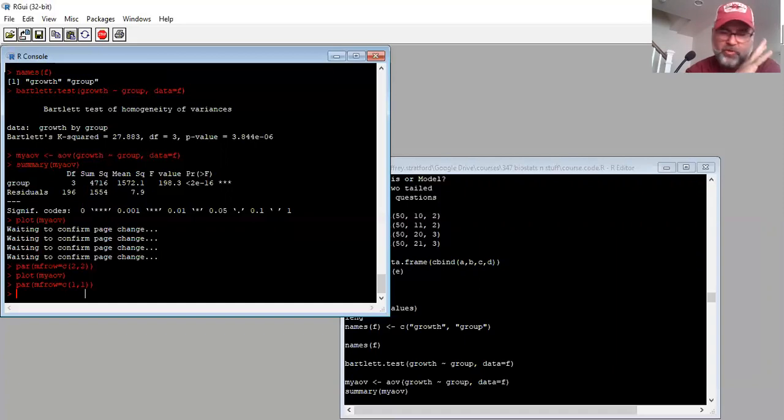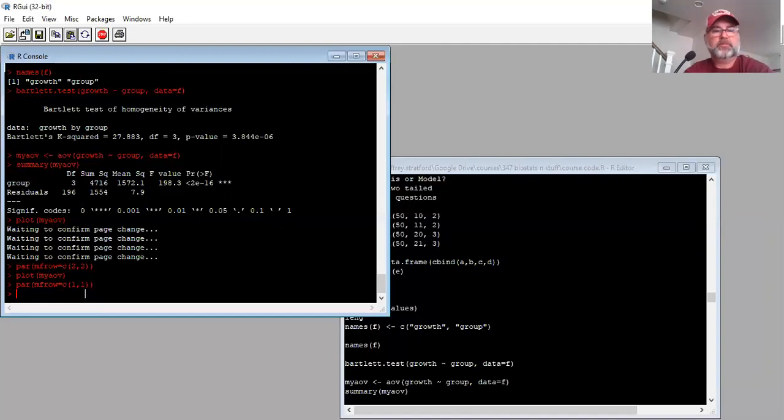So I'm going to show you three things. One is the AOV, a linear model, and then a generalized linear model, and they will each give you different things. So a linear model makes the assumption that the errors are normal. And that's about it.